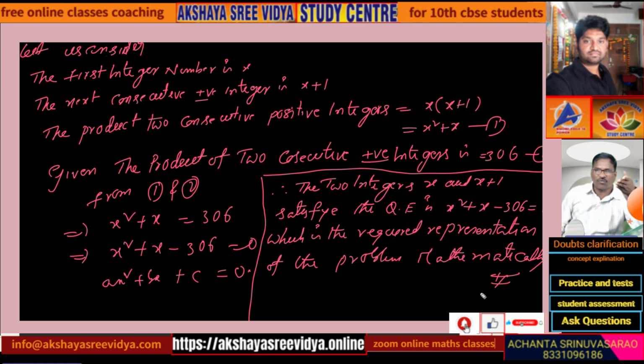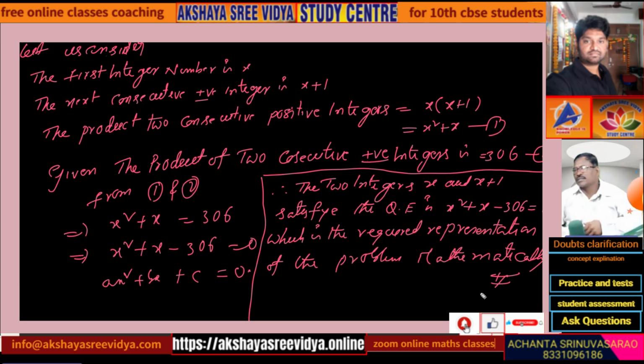This is the formation of a quadratic equation, the general form ax square plus bx plus c. Therefore, the two integers x and x plus 1 satisfy the quadratic equation x square plus x minus 306 is equal to 0, which is the required representation of the problem mathematically.